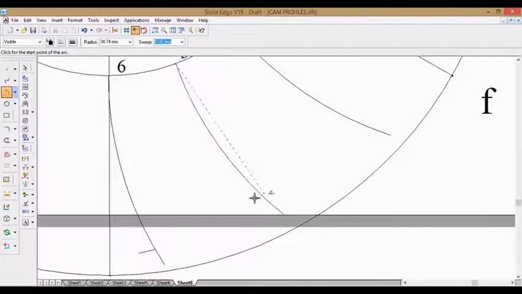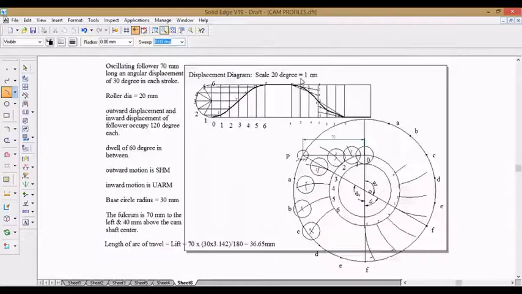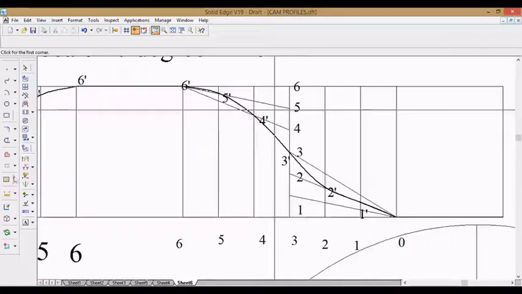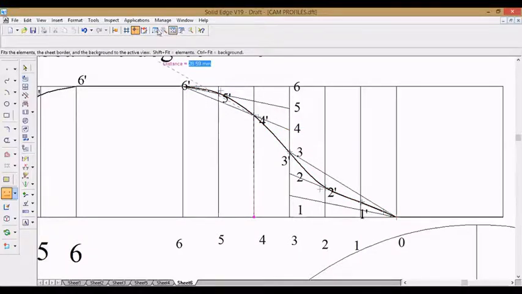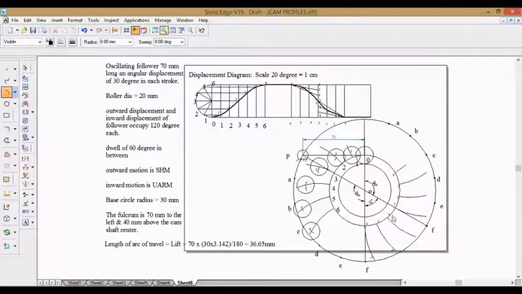Cut an arc till this. 4 to 4 dash should measure 28.59.